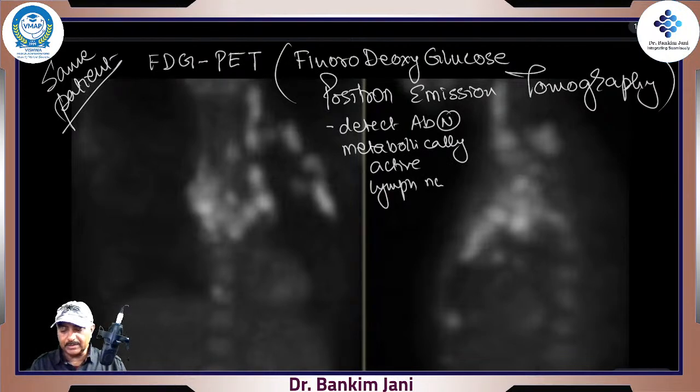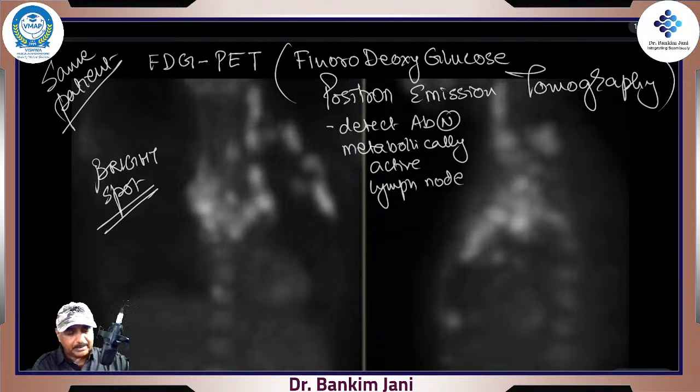And how do you see that? In the report of this FDG PET, you will see it mentioned that a bright spot is seen. Wherever you find this word bright spot, be alert. This bright spot means it is hypermetabolically active, more than normal, right?